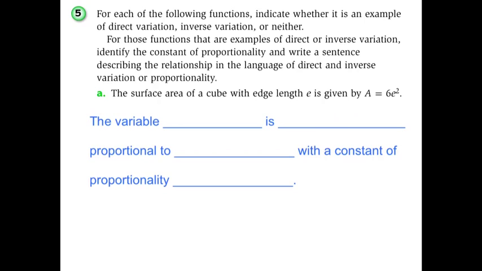So the variable area fits the pattern where there's a variable on this side and a variable on this side, and they're both on the top of the fraction. But we've got an exponent, a little squared there. So this is directly proportional.